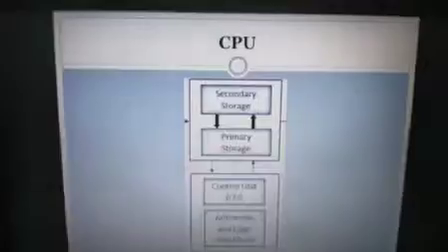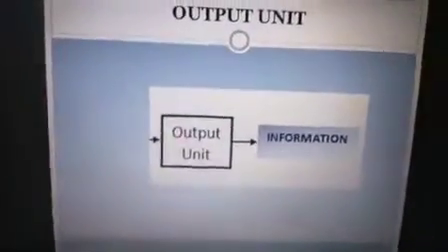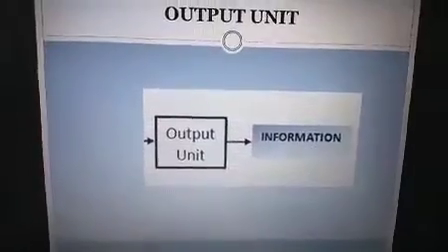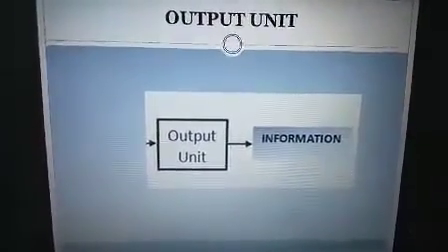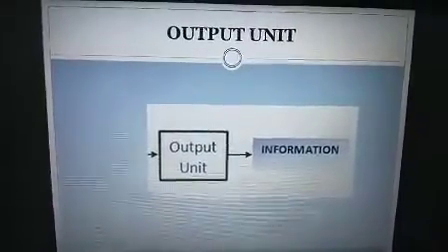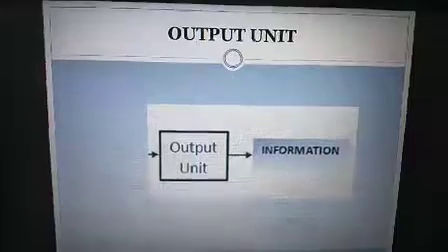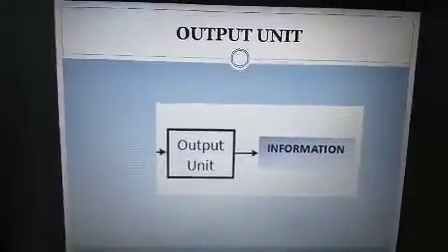Now coming to the final part, the output unit. In the output unit, the processed data comes out. The output unit consists of various hardware such as the monitor, the printer, the speakers.